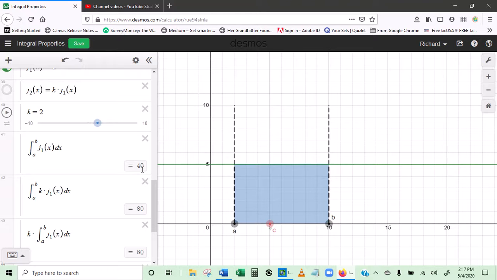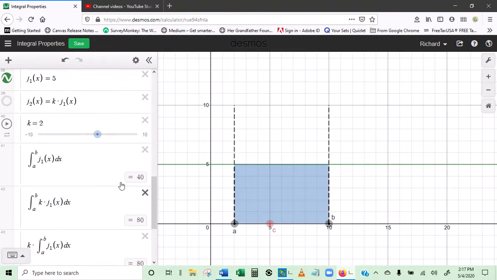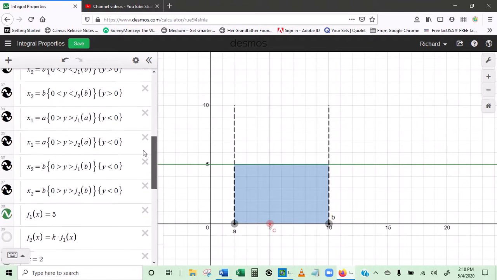That make sense? Okay. Now what I'm going to do is multiply this by a constant k on the inside. It's going to be some number k, and here it is. In fact, it's equal to 2. I can change it back and forth like that, but it's going to be equal to 2. Okay? So look what happens if I take this function here, j1 of x is equal to 5, and multiply it by 2.